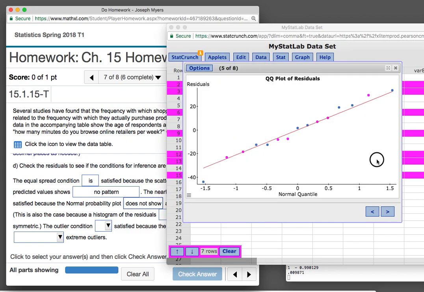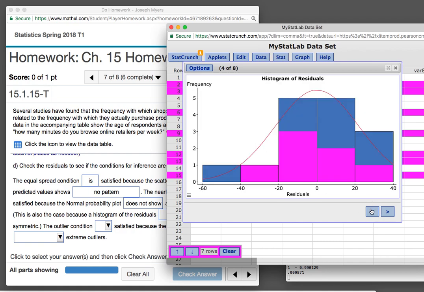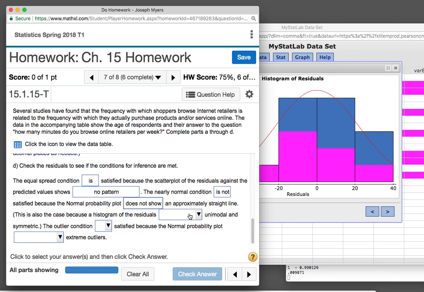Another way of seeing that is the histogram of residuals. This is skewed to the left, so it's not symmetric. In other words, it is unimodal, but it's not symmetric. But the histogram of residuals is not unimodal and symmetric. And then let's see.